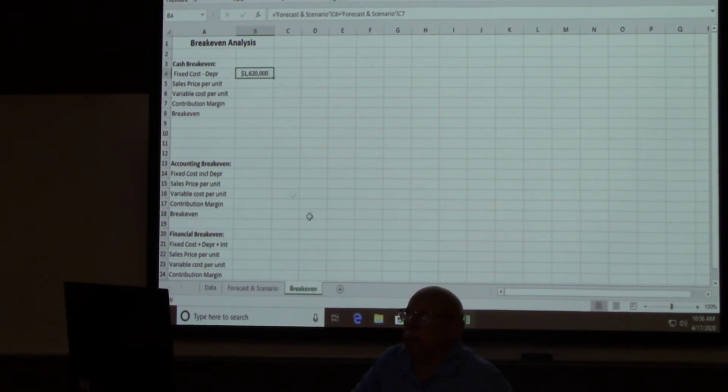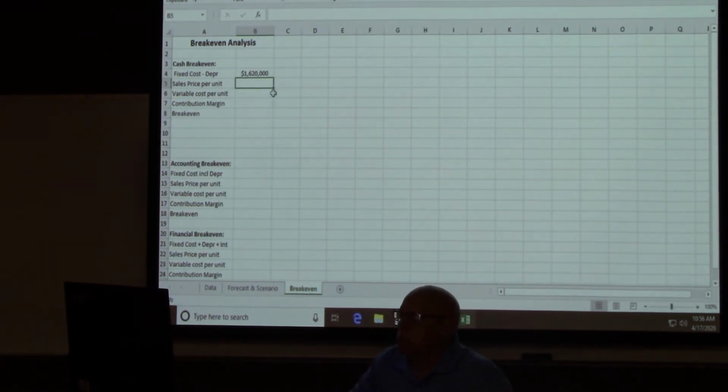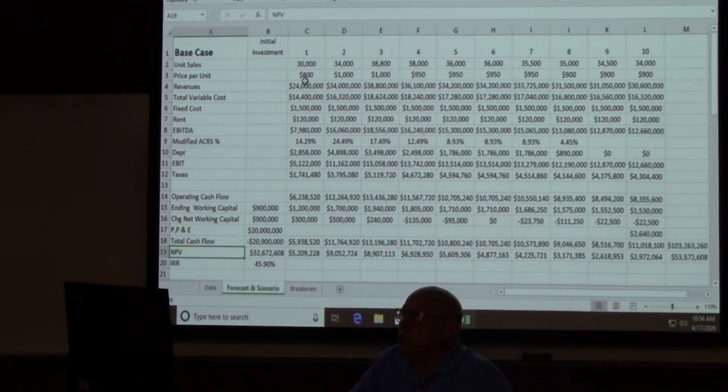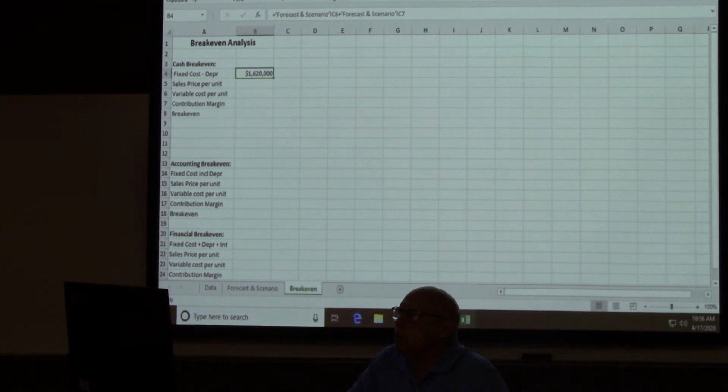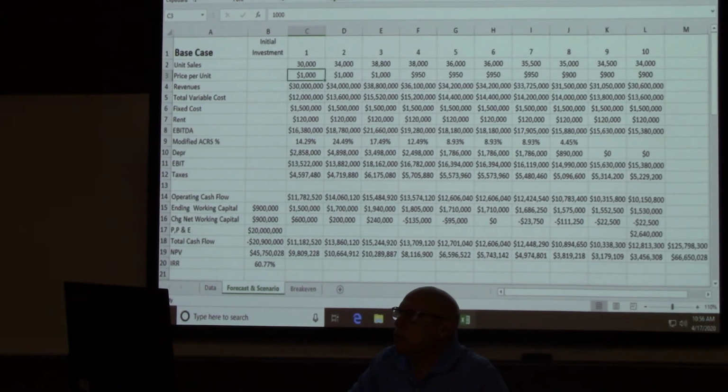There's our fixed cost. Our sales price per unit is equal to, let's go ahead and change this back to what it was.